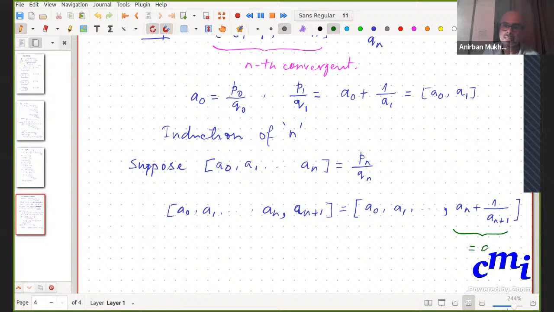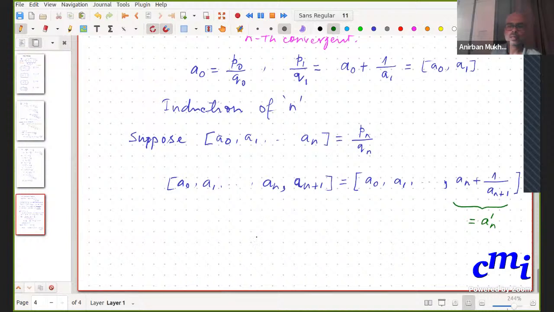Let's say that this is a n dash. So what I have now is, I have written this n plus 1 length continued fraction as an n length continued fraction, but the last one is a n dash.